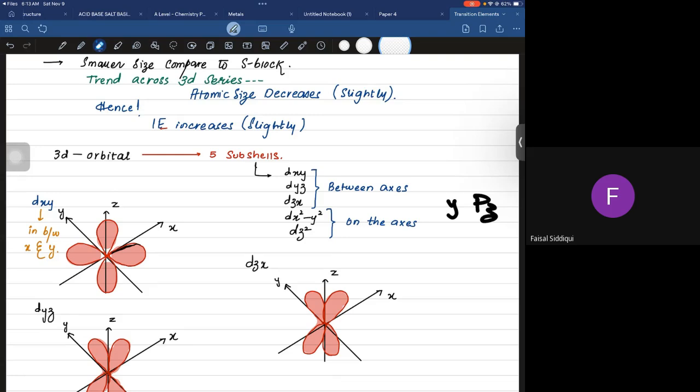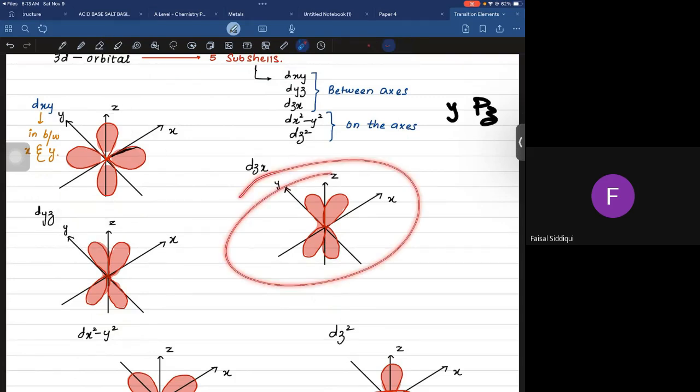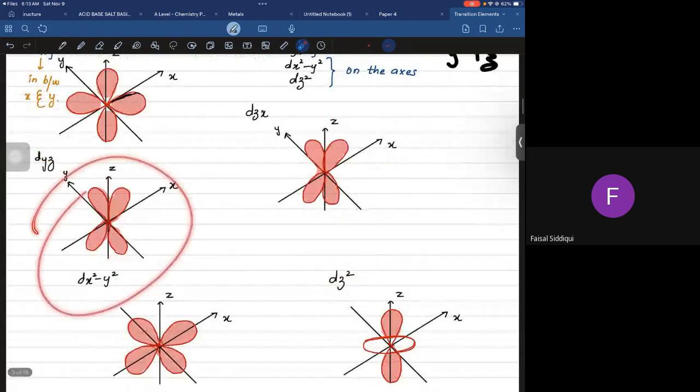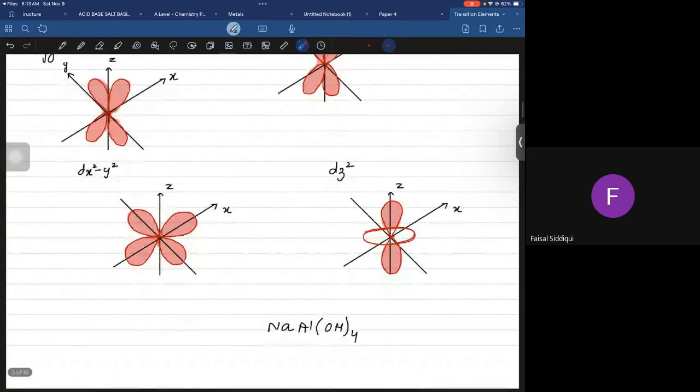There are a total of 5 d orbitals. If you can see this, this is dxy, and this is dzx, and this is dyz, and this is dx square y square, and this is dz square.